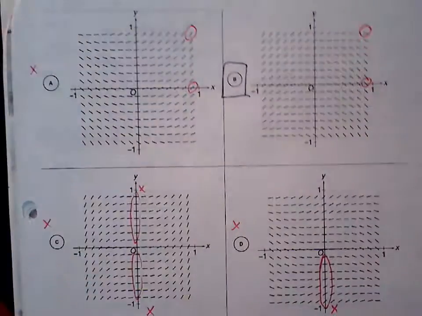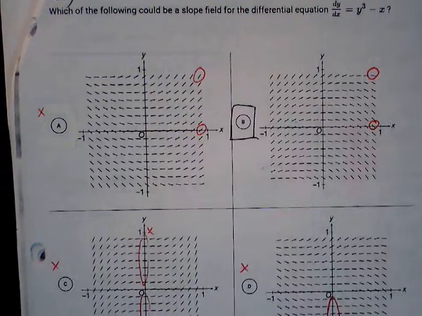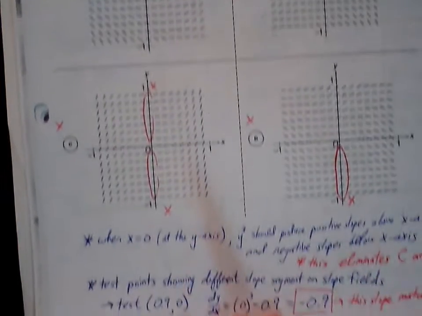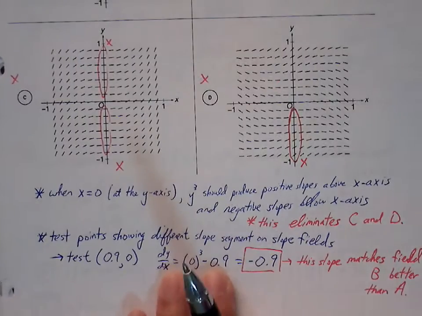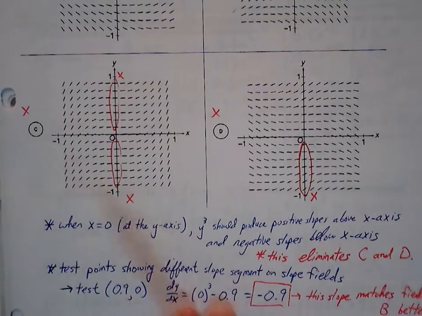Okay, let's look at 38, another slope field problem. Which of the following could be a slope field for the differential equation y cubed minus x? So what we can do here is look at some of the properties.